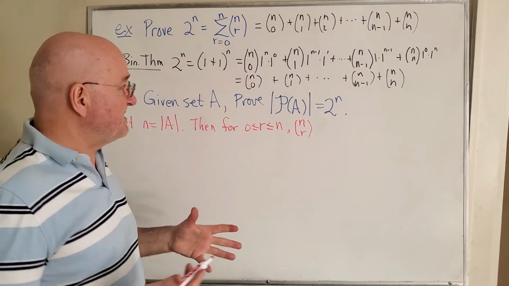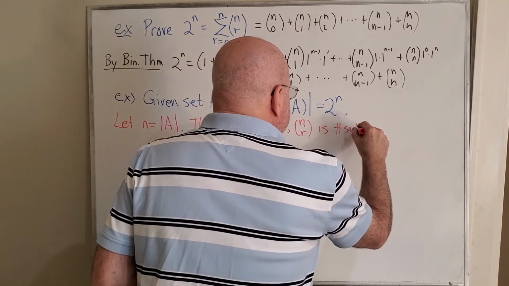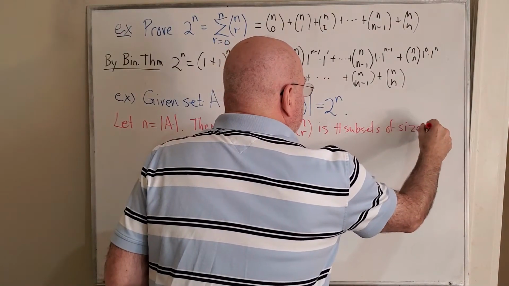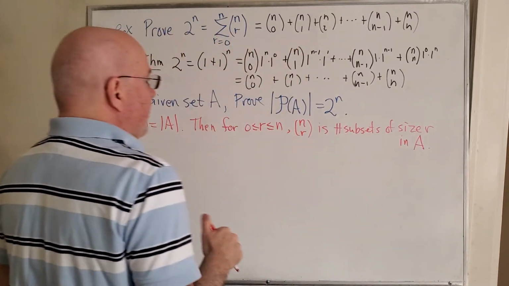So that's the number of subsets of size r in A, because A has n elements.